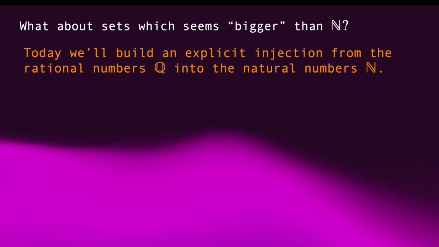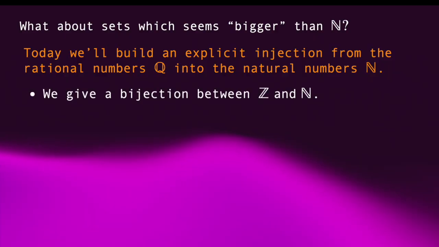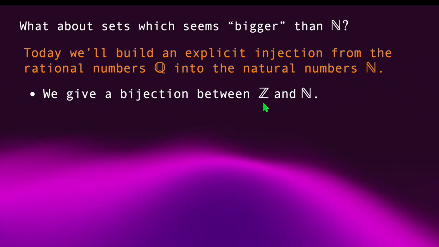To do so, we first give a bijection between the set of relative integers Z and the natural numbers.